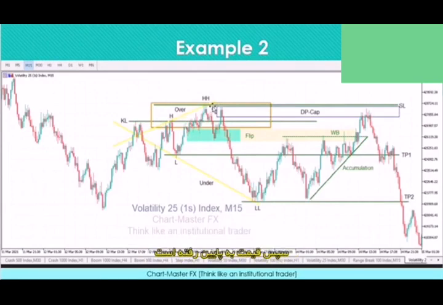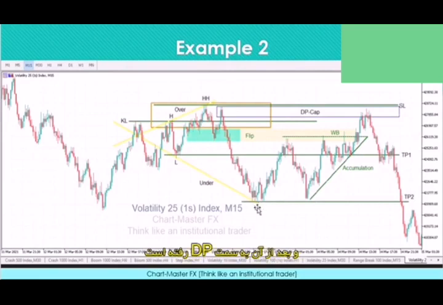Once we draw our golden zone, we can see that as the price was going down here, there was a low that was formed. So we now wait for the price to engulf this low, then we can draw our over under setup. And you can see, guys, that the price was able to create a lower low.